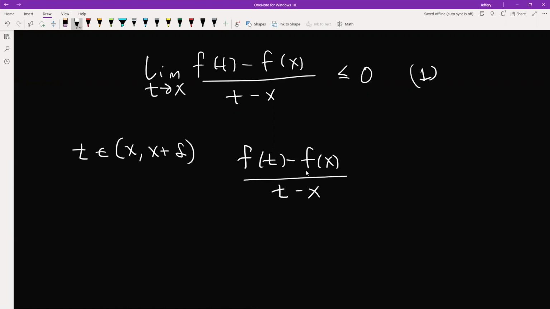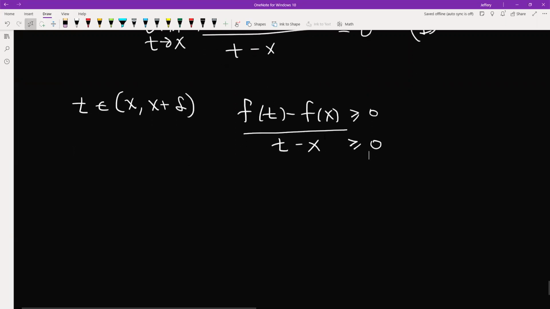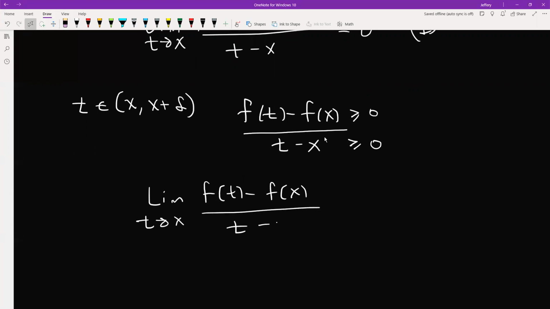But this time, t is larger than x also. So that means these are both greater than or equal to 0. All right, so that means that the limit as t goes to x for f of t minus f of x over t minus x is greater than or equal to 0. Right?